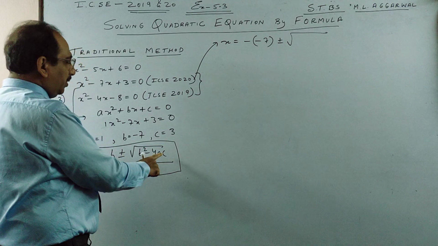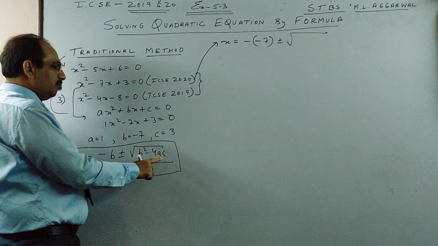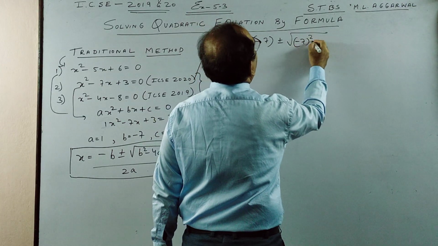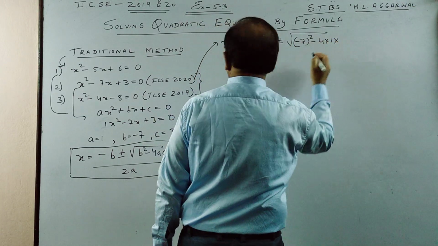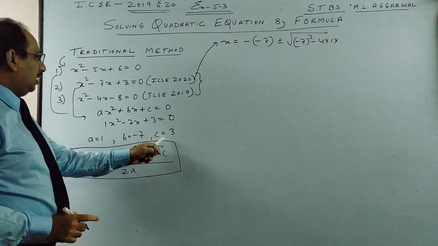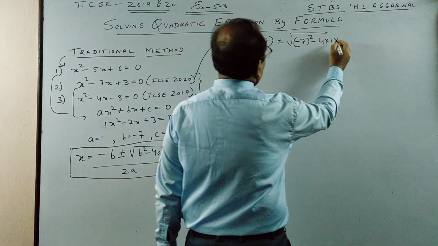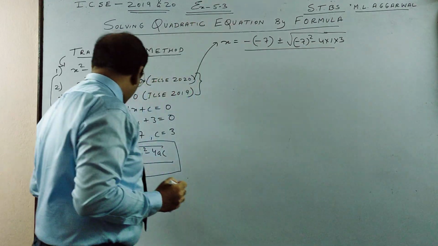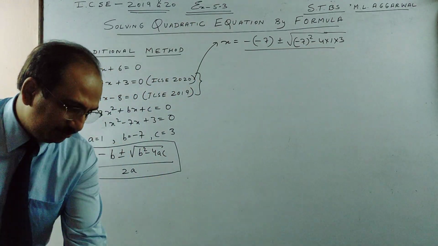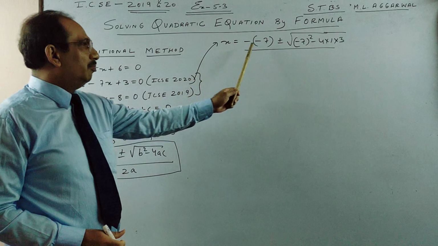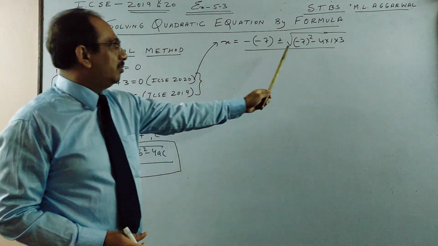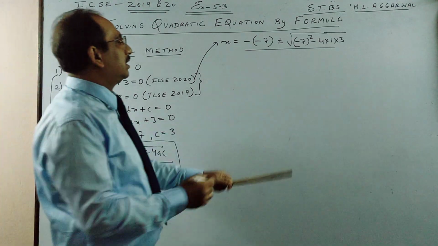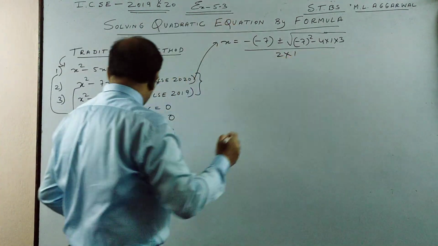This is called the discriminant. Next part we will see more about it. So b square minus 4ac, and c is 3, upon 2a. Once more, b we put minus 7, so b square is minus 7 square, 4a is 4 into 1, c is 3, upon 2a, a is 1, so upon 2.